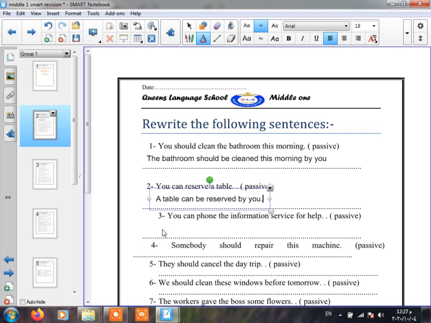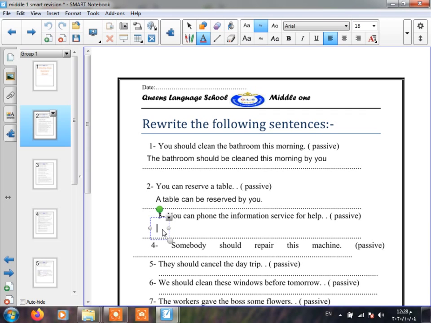Let's go to number 3. You can phone the information service for help. You is the subject, can phone is the verb, the information service is the object. So my object here is the information service only.